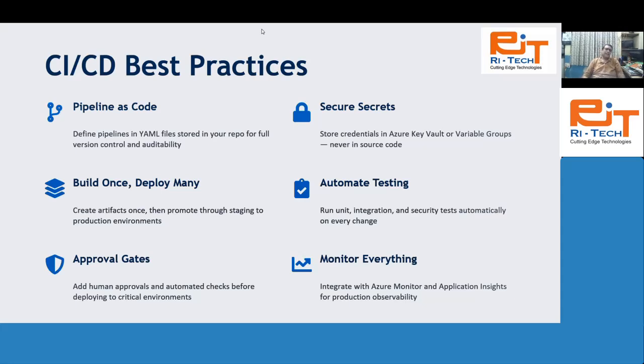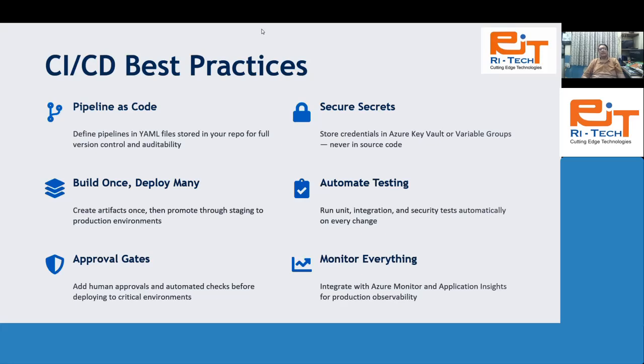So the best practice is to add approval gates in various stages of your CI/CD. If your application is quite complex and the environment is critical, it's better to have the approval gates at various stages of your CI/CD.